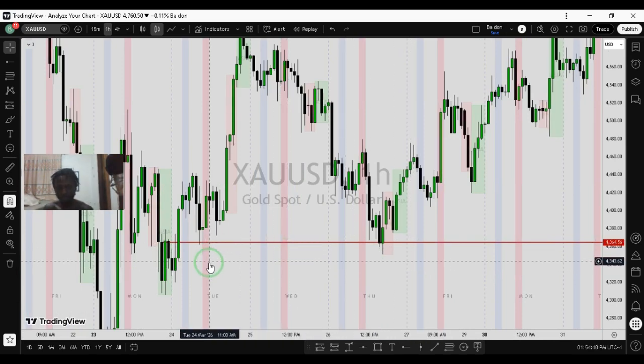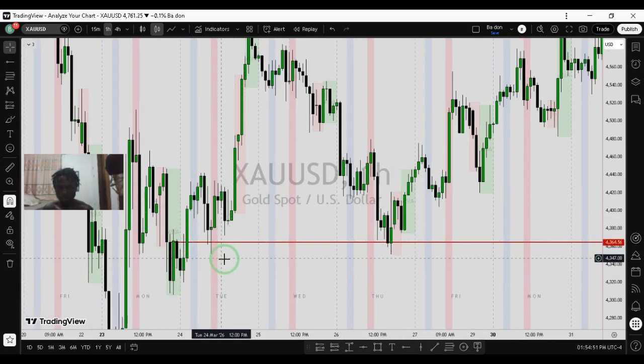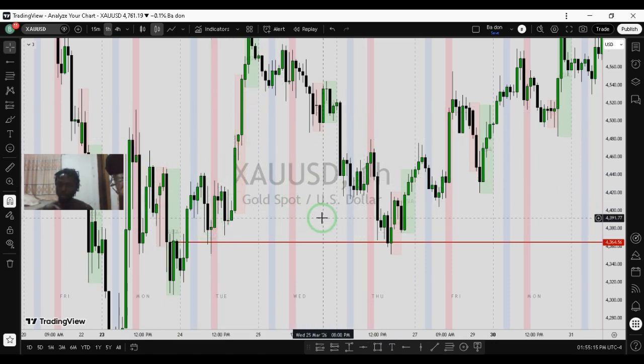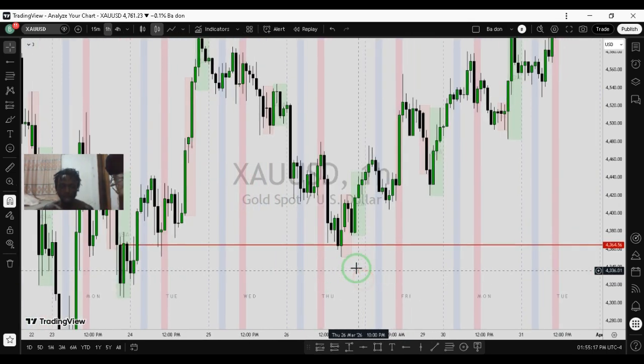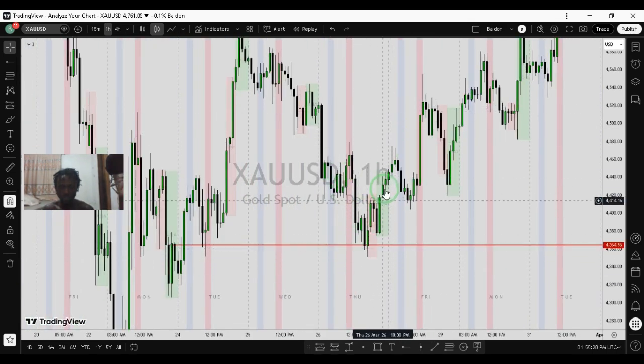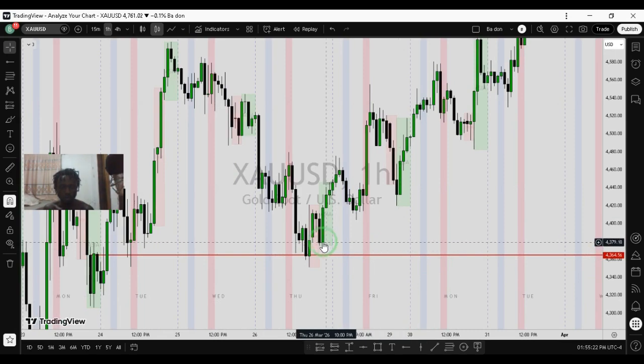So right here we had a rejection, and as you can see, price failed to give us a valid order block here, and at this level it also gave us a fair value gap. But I will tell you at the end of the video why I'm not going to pick this order block, so stick around.